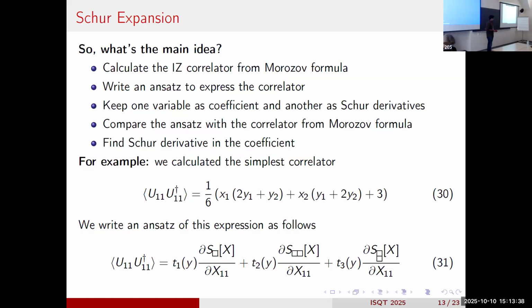If it's not symmetric, you cannot express it through Schur polynomials because they are symmetric. So now we need to think about some non-symmetric polynomials. Another possible option is the differentiation of Schur polynomials. So now you write this expression like this, and this T1y is the coefficient of this one. So it has some y and some numbers.